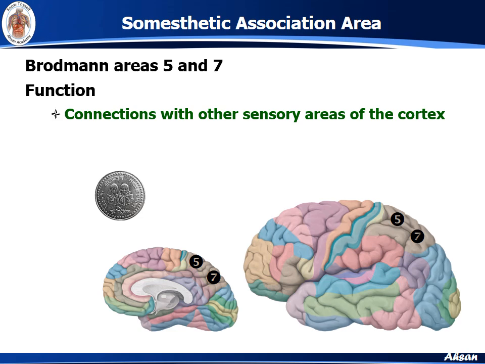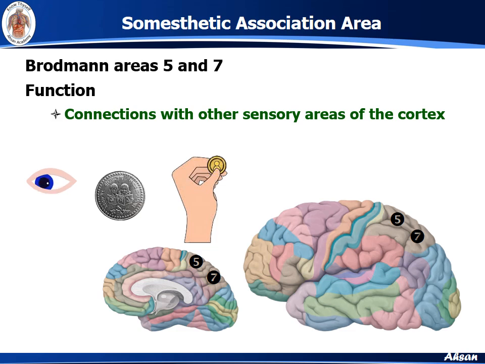In another way, we can identify it by just feeling it. We can keep our eyes closed, but by taking the coin in our hand, we can identify it without seeing it. How does this happen?